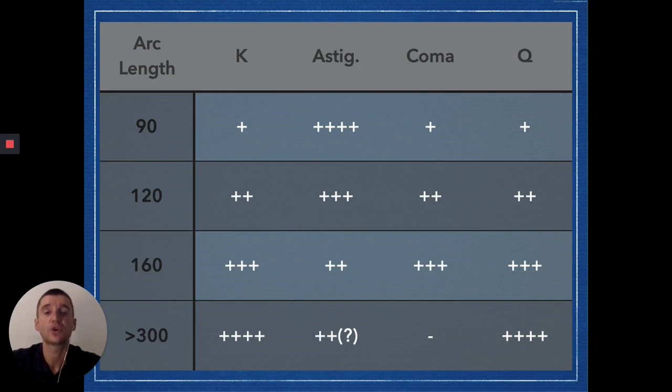We have the shorter length segments that have a great potential to correct astigmatism, but do not flatten the cornea that much. And on the other hand, we have the longer arc segments that have a great effect flattening the cornea and may have some effect correcting the astigmatism as well.